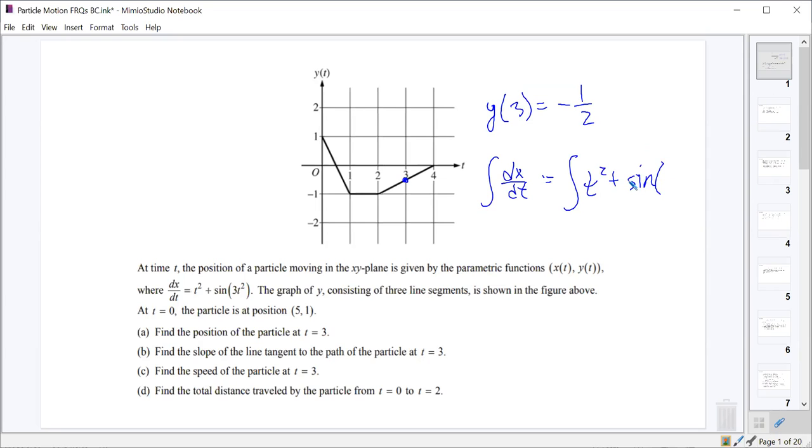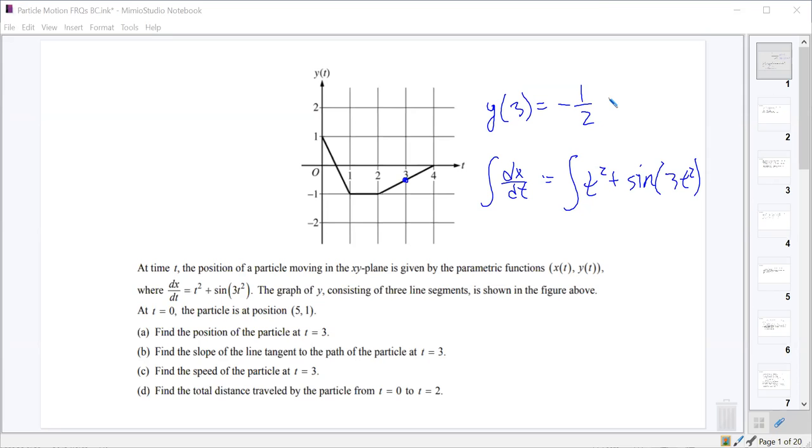Oh, this was a calculator question. Dang it. Did I not? Ah, man, no. Did I tell you guys this was non-calculator? Dang. Oh, boy. Okay.